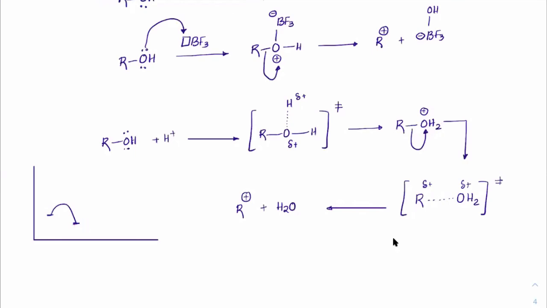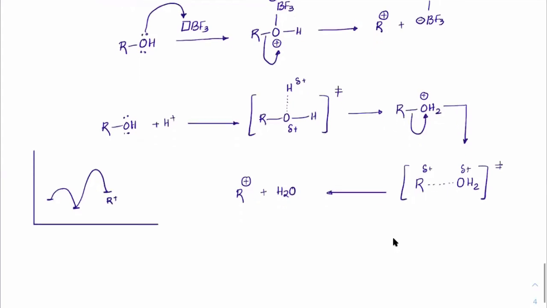And then from here, there is a bond breaking to form R plus. So from here again, you will have something like this. So here there is R plus formation, here there is ROH2 plus formation, and here there is ROH.